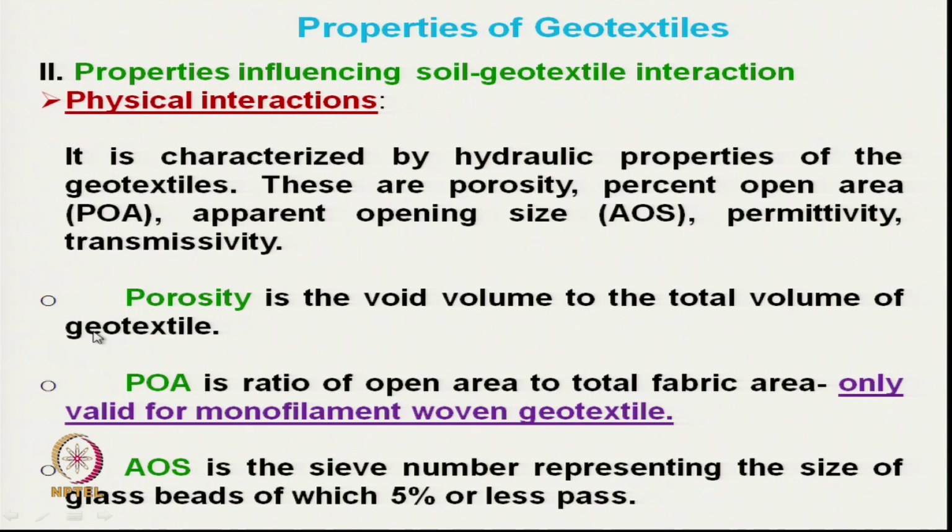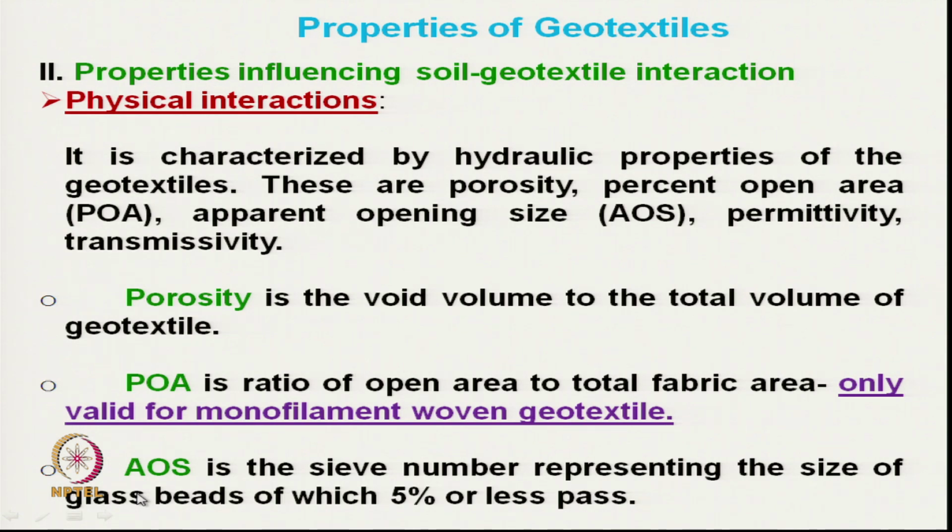Porosity is the void content in geotextiles. Percent open area is basically the ratio of open area to the total area of fabric, and this is used only for monofilament woven fabric, where definite openness is there.